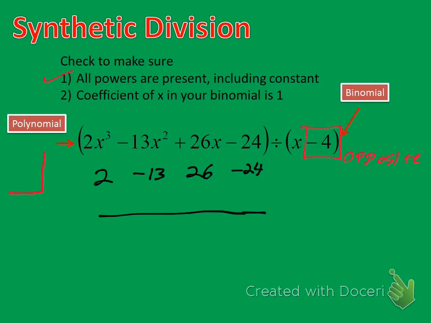With sign included. Make sure you do that also. So the opposite of negative 4 is positive 4. The opposite of this will always go over here. Always remember that it's the opposite. That's one of the major mistake makers. That's how you set these problems up. Any questions?